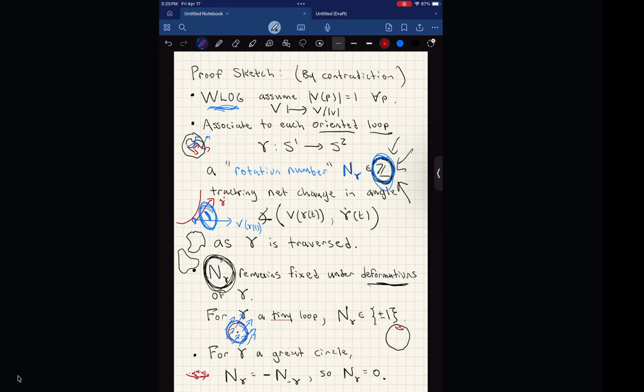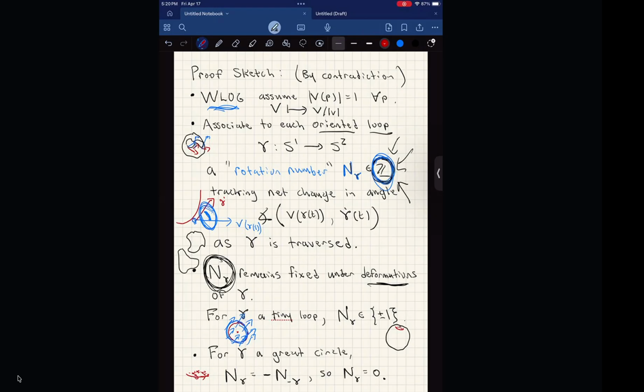So imagine I have a great circle. I can deform it through great circles. I can just rotate it around the entire sphere, and it goes back to the same great circle. However, if I'm tracking orientation the entire time, let's say counterclockwise rotation about the axis, I go back to the same circle, but now with the opposite orientation.